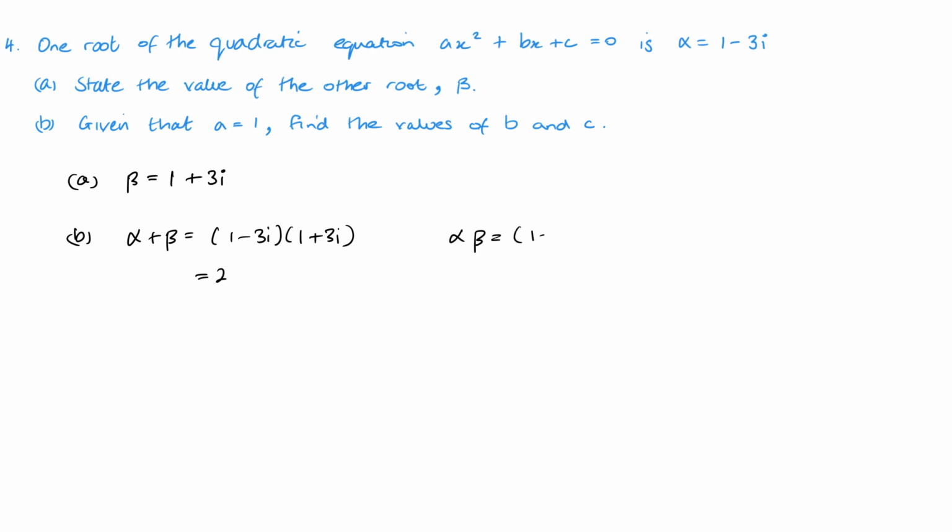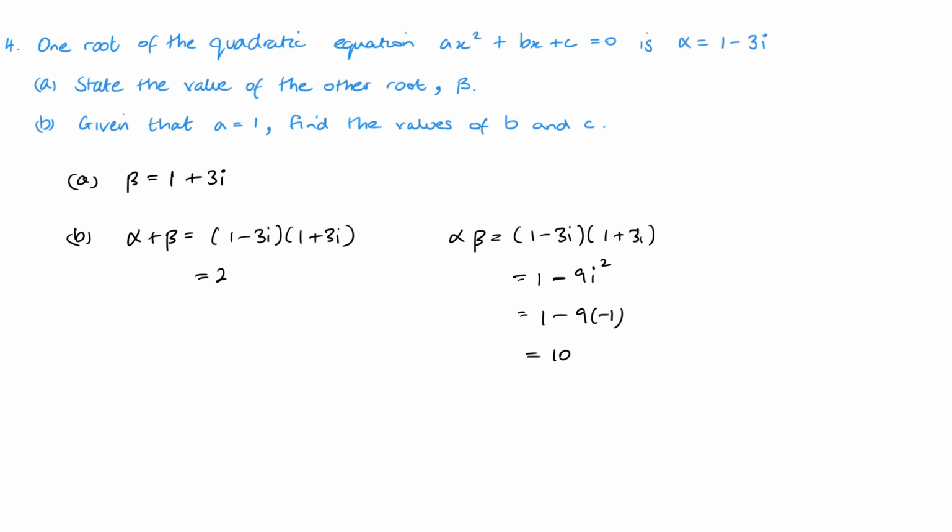And alpha times beta, again, this is quite quick to do. 1 times 1 is 1. We're going to get plus 3i minus 3i, which will cancel out, leaving minus 9i squared. Remember that i squared is -1. So we get 1 plus 9, so that is 10.